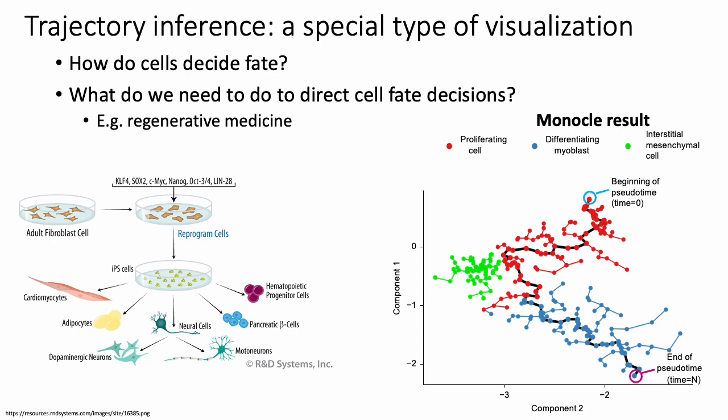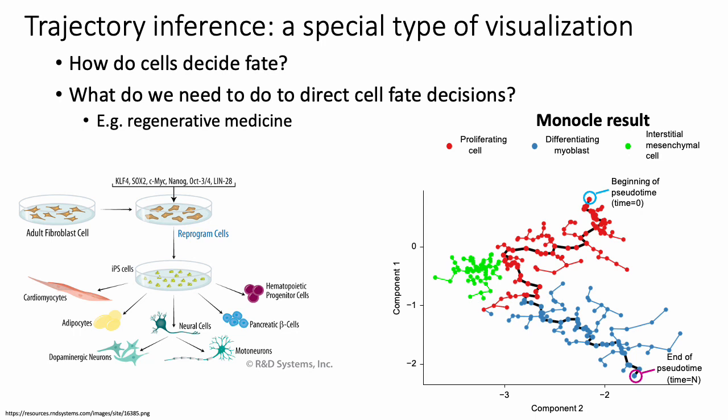Trajectory inference refers to a bunch of computational methods which are often applied to look at these 2D scatter plots and draw these so-called trajectories or differentiation pathways, where the start of the trajectory, which I've labeled here as time equals 0 for pseudotime, represents the start of, for example, differentiation, and the end of pseudotime, where time equals n, is where the computational method thinks that differentiation has stopped.